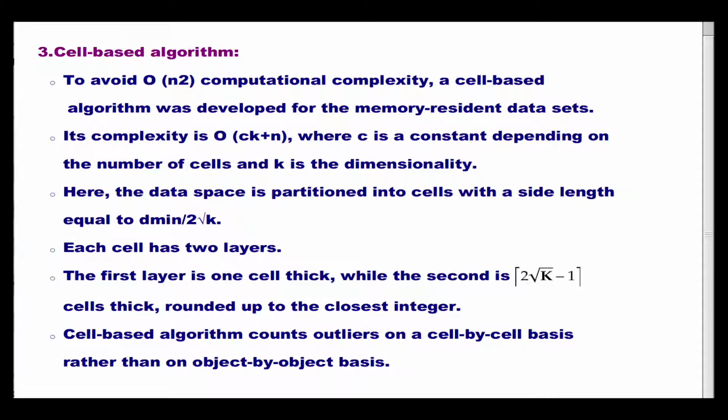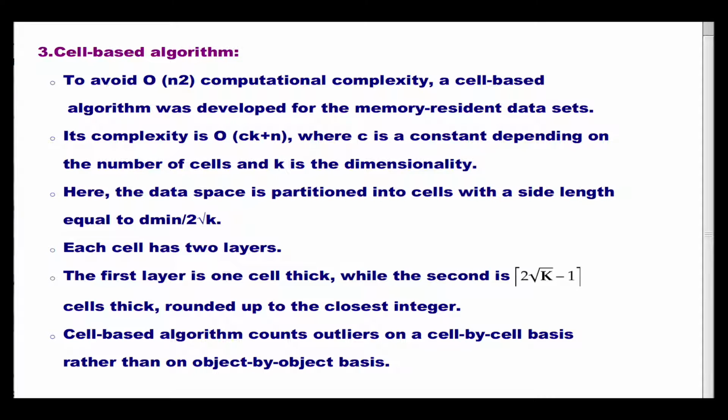Here, the data space is partitioned into cells with a side length equal to d_min divided by 2√k. Each cell has two layers. The first layer is only one cell thick, while the second layer is given by ⌈2√k − 1⌉, rounded up to the closest integer.